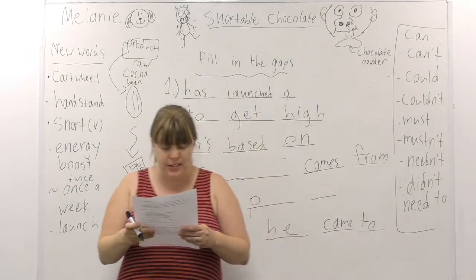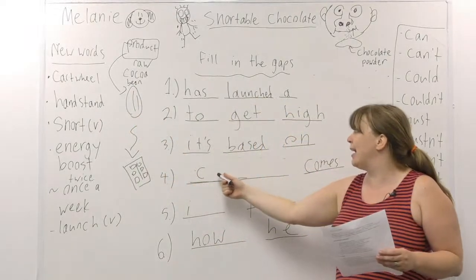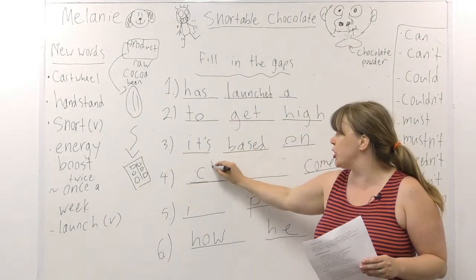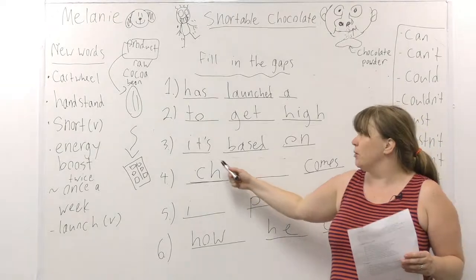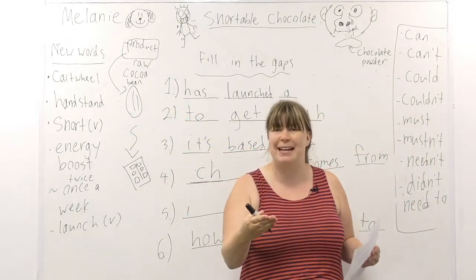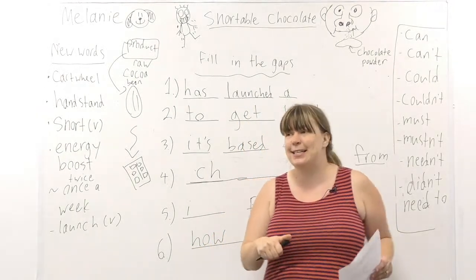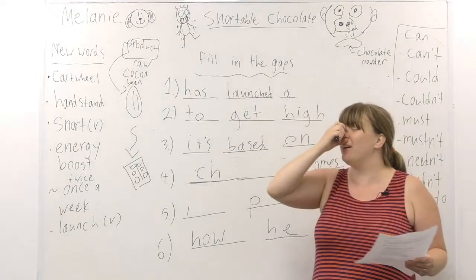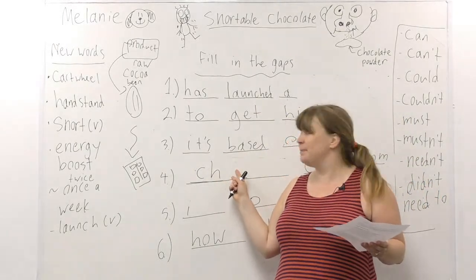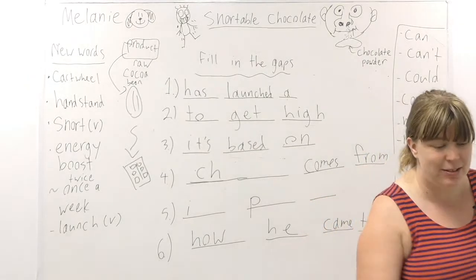So what happens, the raw cocoa bean, this is where, what can you get from a cocoa bean? What kind of product can you make? Our favorite product, we love to eat it and apparently snort it now. I'll let you fill in the blanks. I think you can do it.